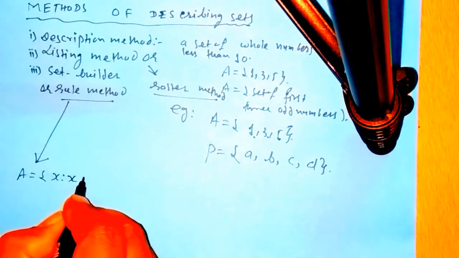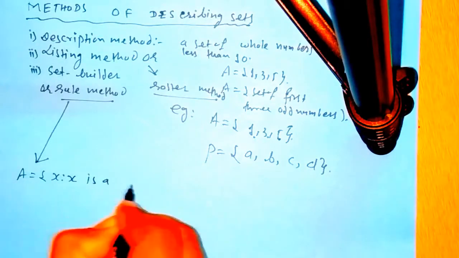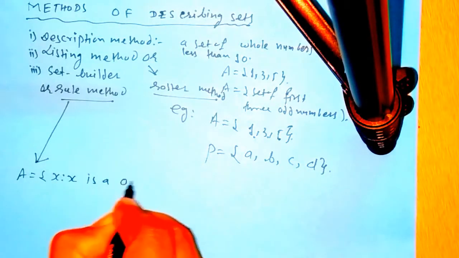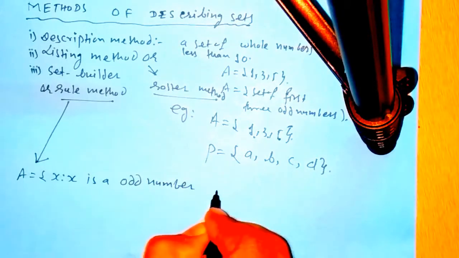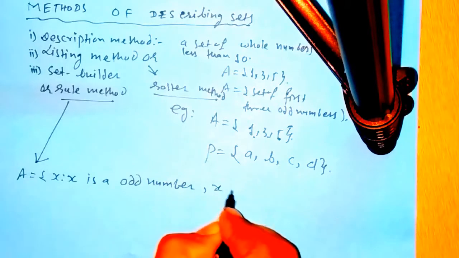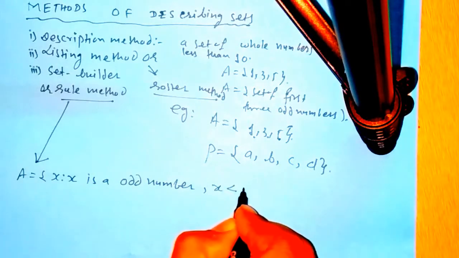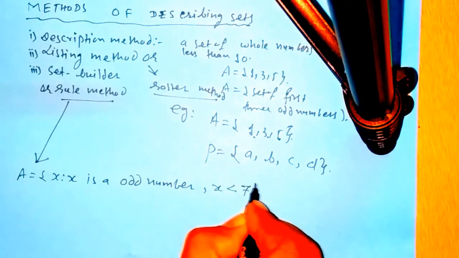A is equal to {x such that x is an odd number where x is less than 7}.